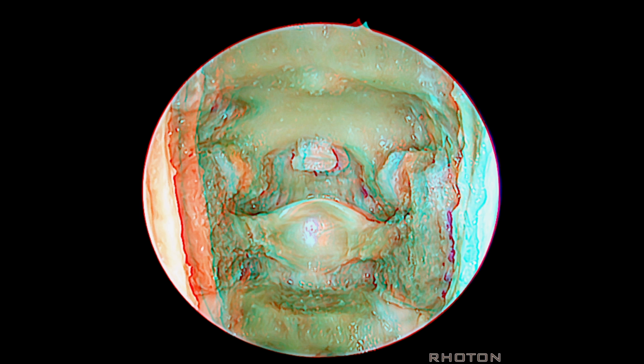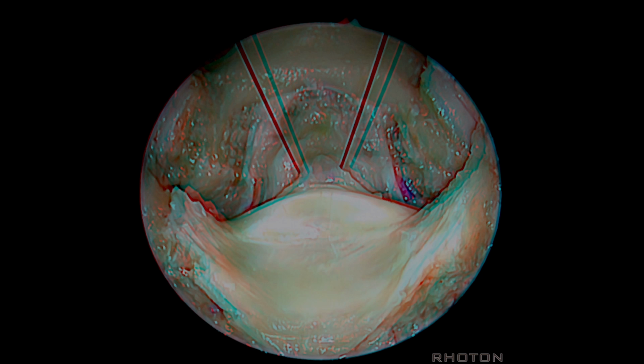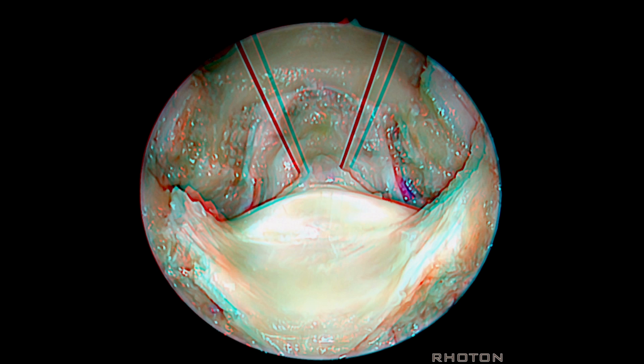Again transnasal, you see the lower part, and you can get sutures around the ligament. But while you look transoral upward, you don't see that odontoid. It's out of the view, and that lower slit of the transverse ligament is out of view.